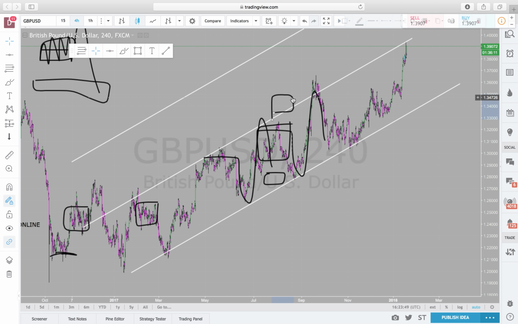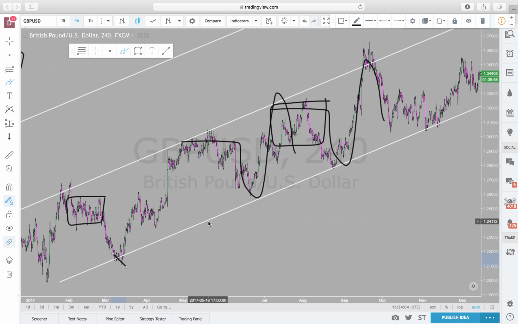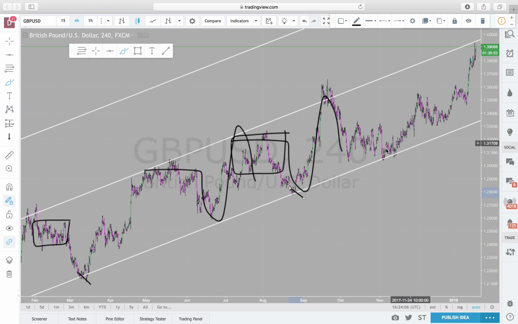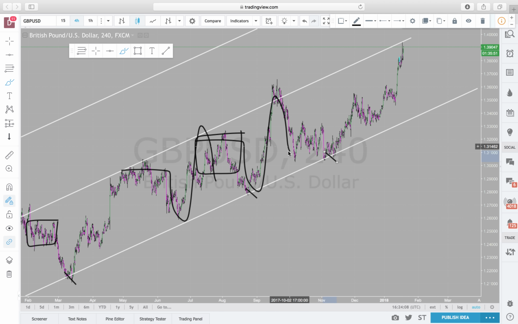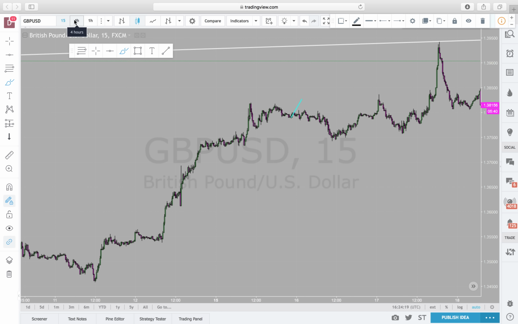So, what you would do in this situation is, first of all, graph out the trend, find the trend, and then when you see price respecting the trend, respecting these trend lines, that is when you can decide to go on your 15-minute time frame.